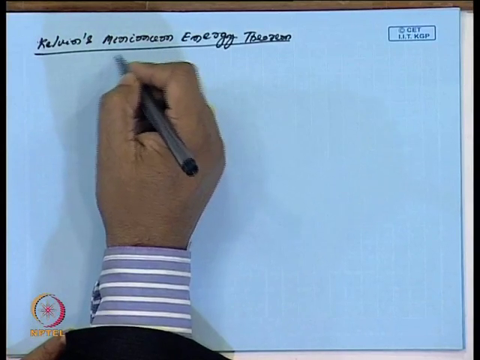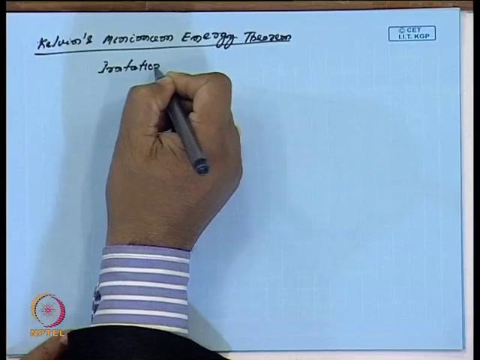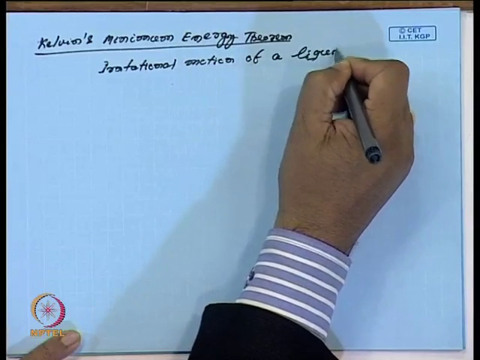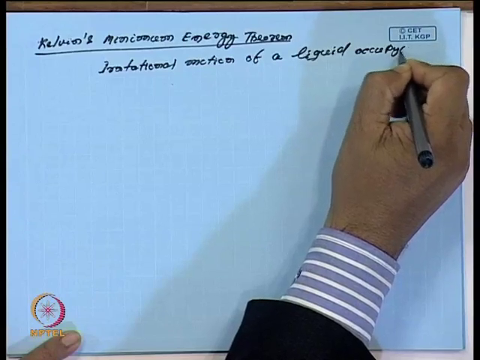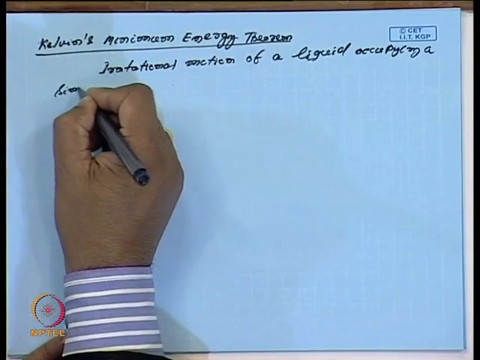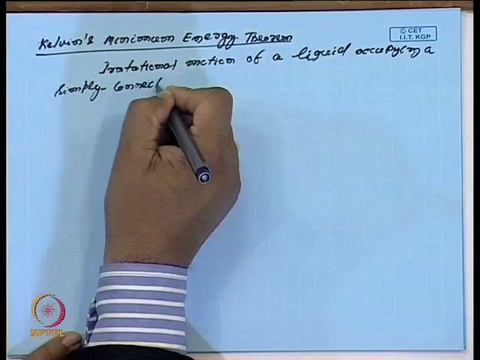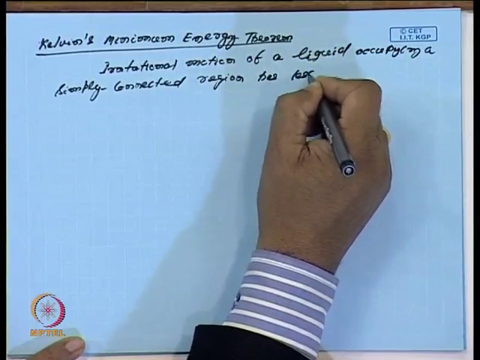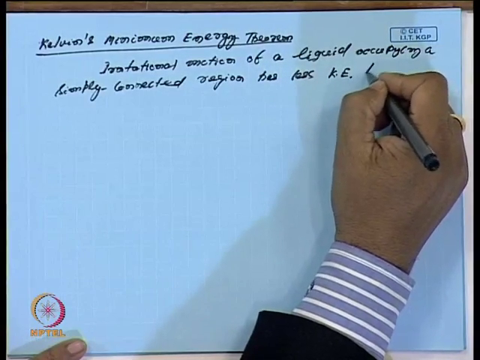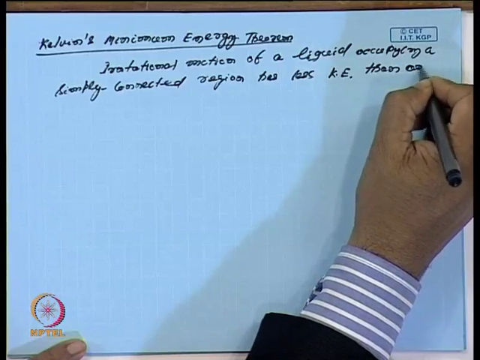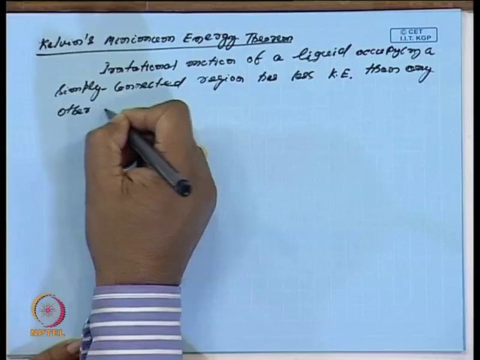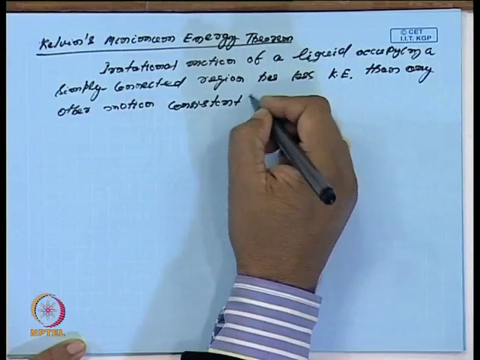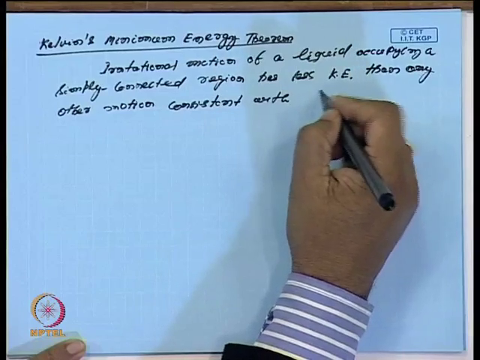It says that the irrotational motion of a liquid occupying a simply connected region has less kinetic energy than any other motion consistent with the same normal velocity on the boundary.